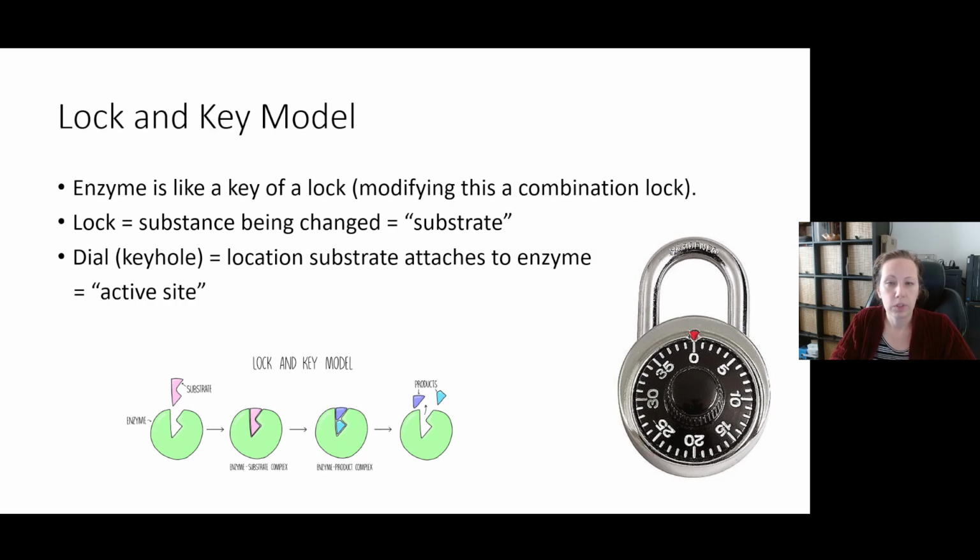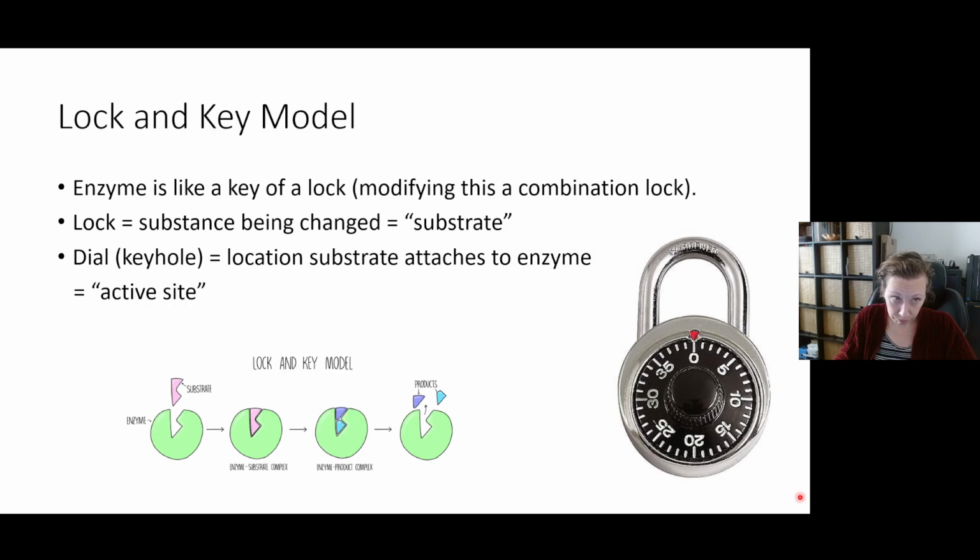So there are a couple different models that are used to explain how enzymes work. The first is the lock and key model, and I'm going to modify my explanation of this model to make it a combination lock. So in this model, the lock is the substance that is being changed.